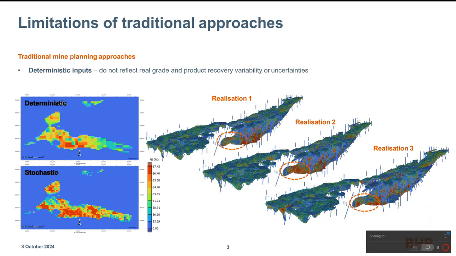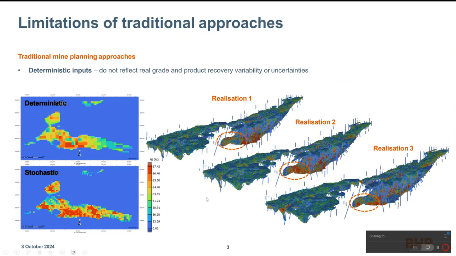But that approach has some limitations. A couple of the limitations relate to the inputs to that process. Generally those processes are based on deterministic models that don't reflect the real grade and product variabilities, nor do they account for the uncertainty in our knowledge of those properties across the ore deposit.